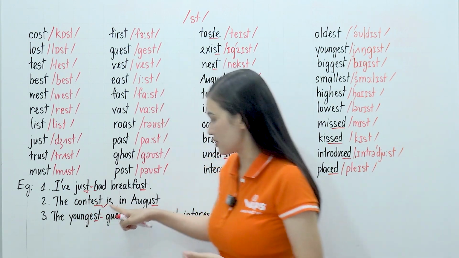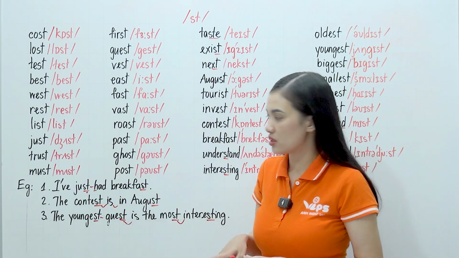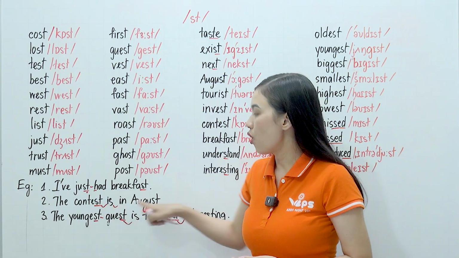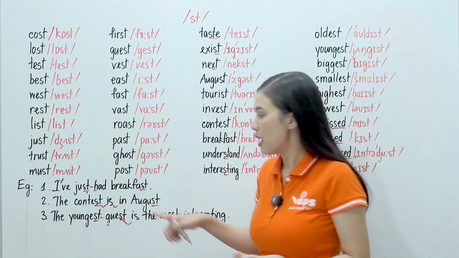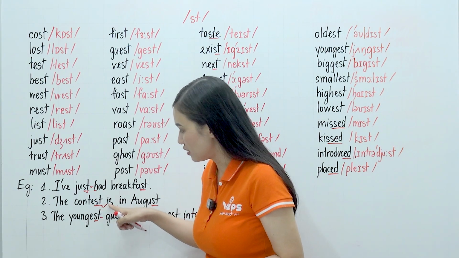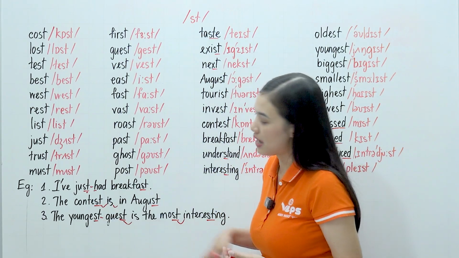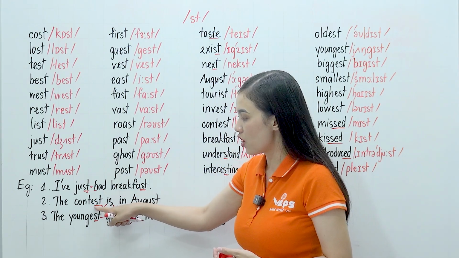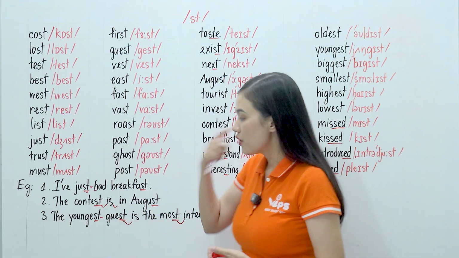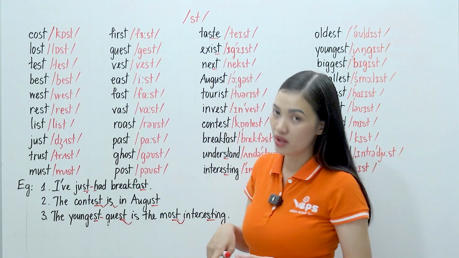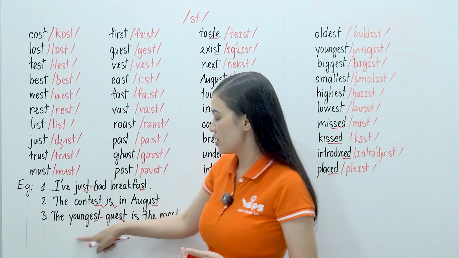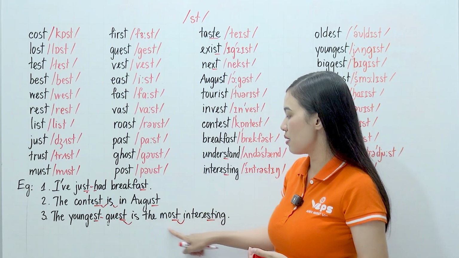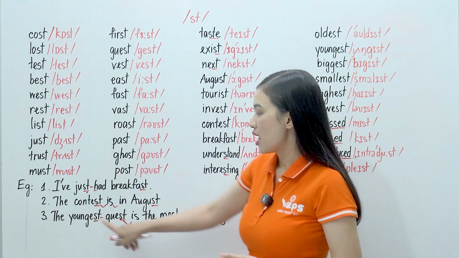Two. The contest is in August. Contest, August. But the same, if here T and then after that is a vowel sound, we link them together. So the contest is in. The contest is in August. Next, the youngest guest is the most interesting.